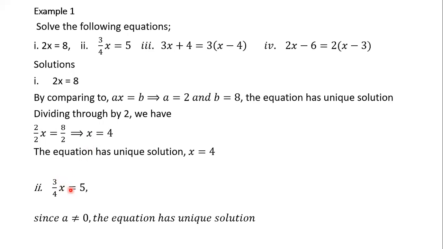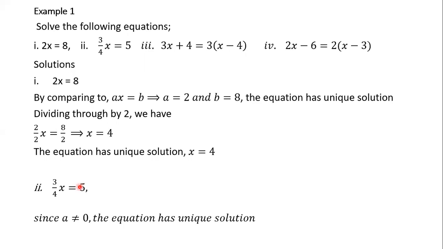3 over 4x equal to 5. Now here, we said that when we have a fraction, we find the LCM and multiply all the terms by it. I think you remember it. So we have 3 over 4, the denominator is 4. What about 5?